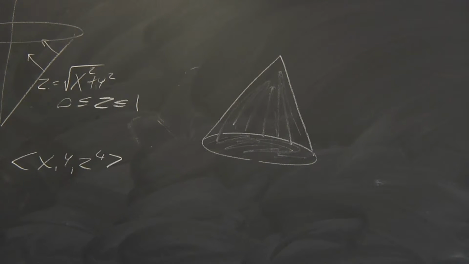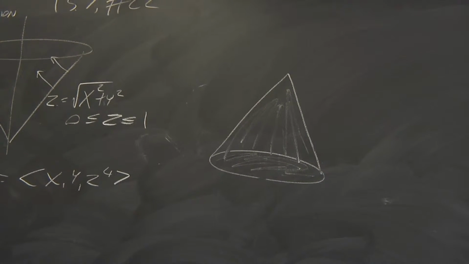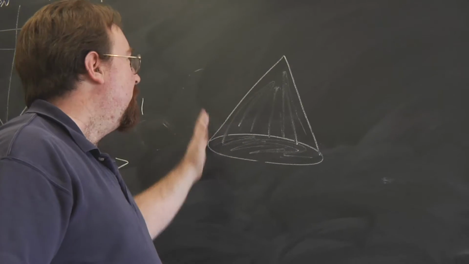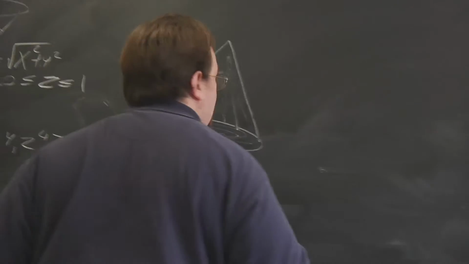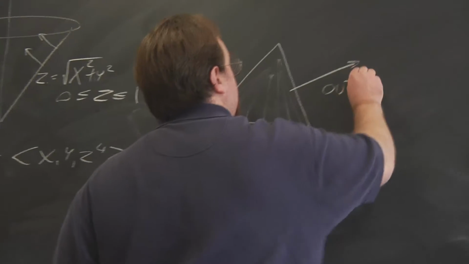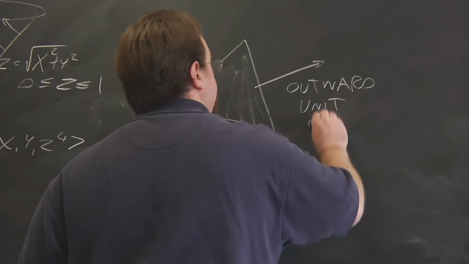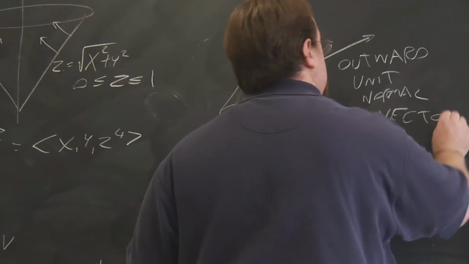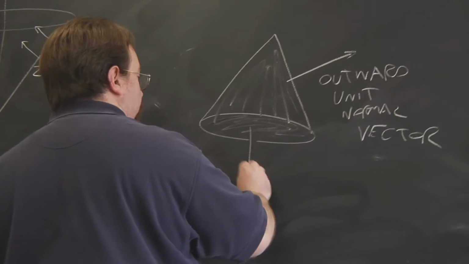For a closed surface, it doesn't really make sense to talk about upward and downward orientations, because you have something going on all sides. Instead, what we talk about is outward and inward orientation. So here we have an outward unit normal vector. This would be the outward unit normal here. For the base, it would be pointing down.